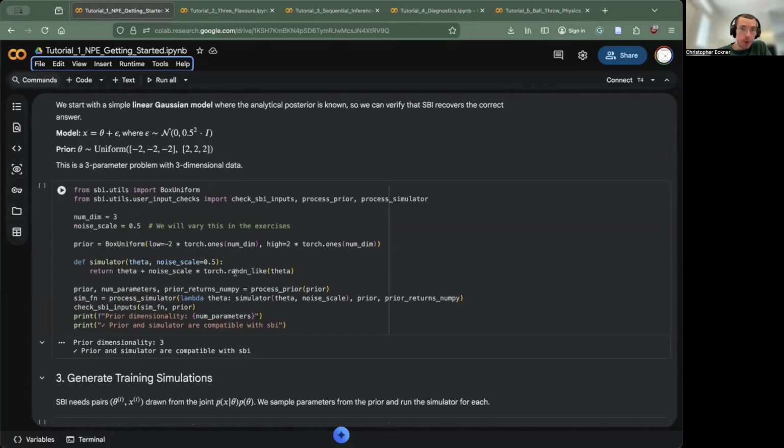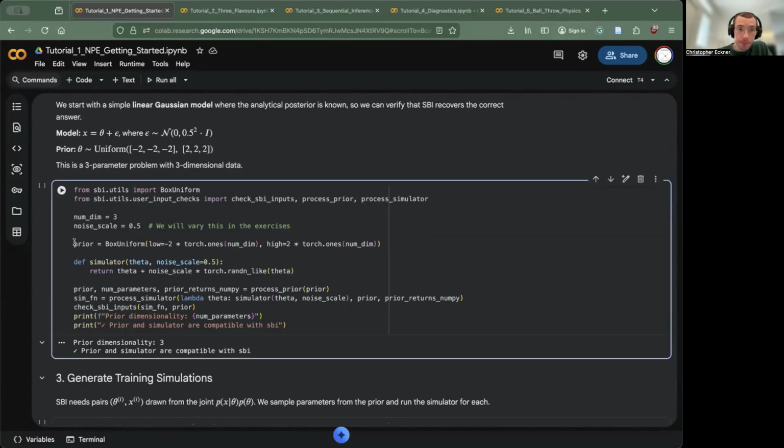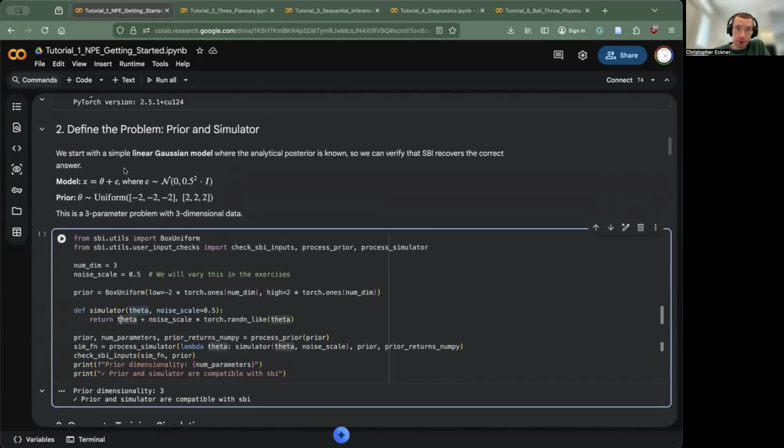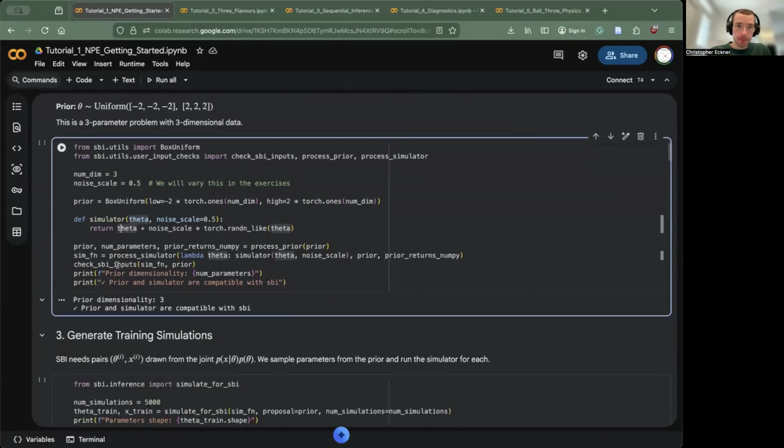Basically, it's a nice, normal distribution, not distorted in any direction. In this framework, you define the prior as a uniform box from which you draw, and you define your simulator like this, which is exactly the implementation of the formula above. In the language of SBI, this is how you simulate samples from it.